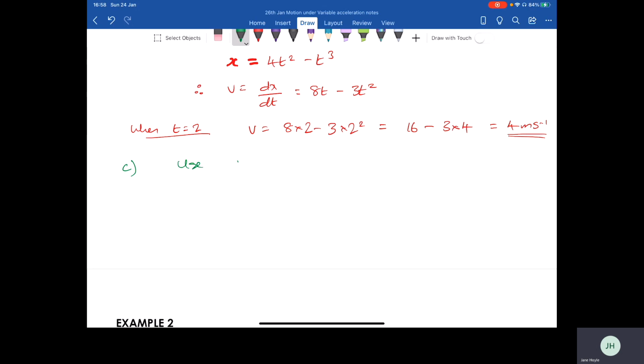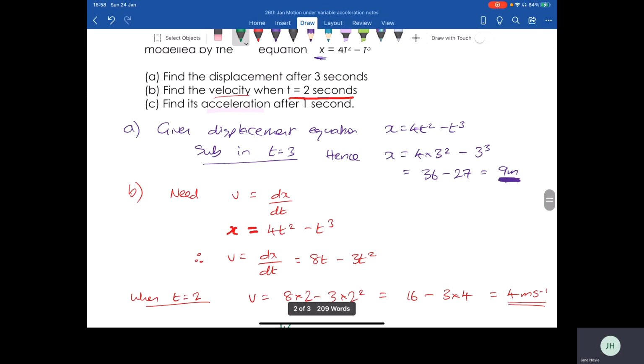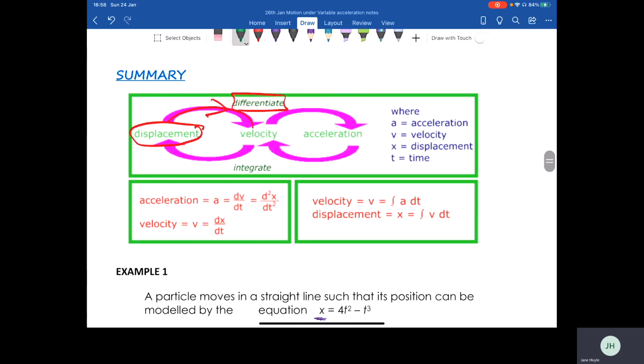So I'm going to use the fact that acceleration is rate of change of velocity. Look at the pink arrows: we have velocity, and to find acceleration we're going in that direction and we need to differentiate.